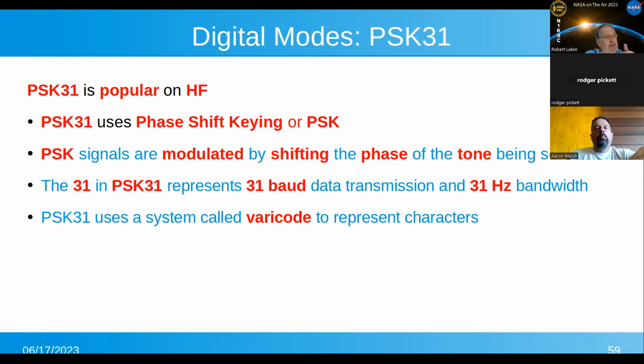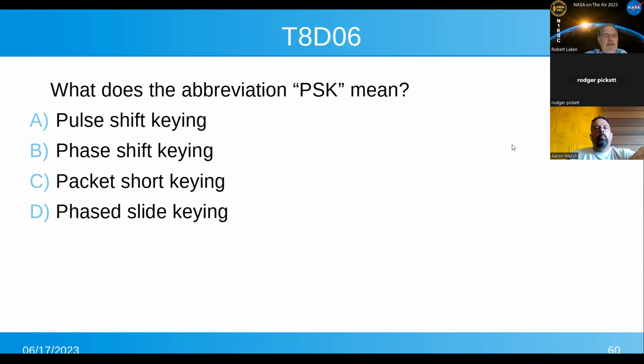The most frequent characters, like your vowels, will be the shortest, and the ones that you hardly ever use will be the longest codes typically. I don't know if I have a chart showing. I guess I didn't put it in there. Okay. What does the abbreviation PSK mean? B. Phase shift keying.